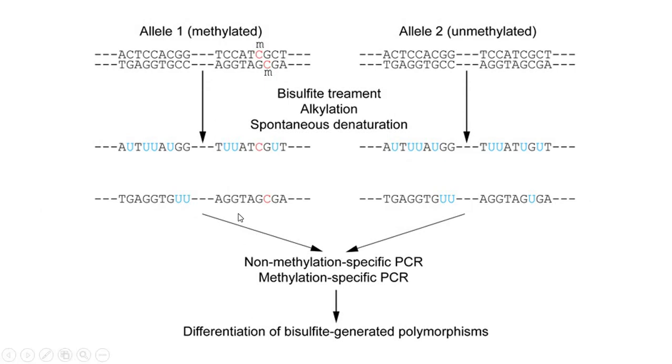This is an example here: a methylated allele and an unmethylated allele, from two different organisms or probably two different populations. You treat with bisulfite, methylated cytosine will still stay cytosine and everything else will be uracil. When you do PCR and sequencing, the sequences will show cytosine here in this allele, but no cytosine in this one, which suggests that this site was methylated in this allele.